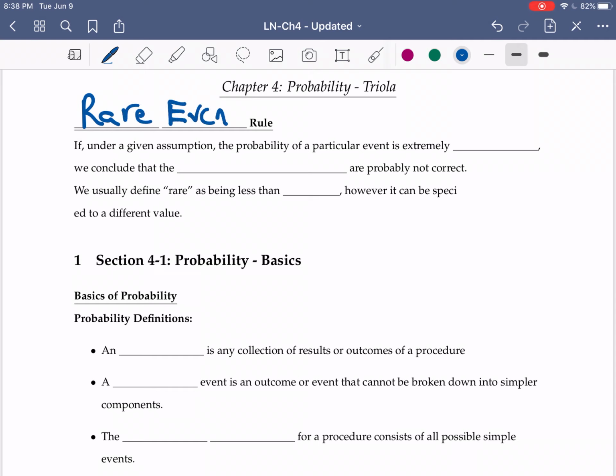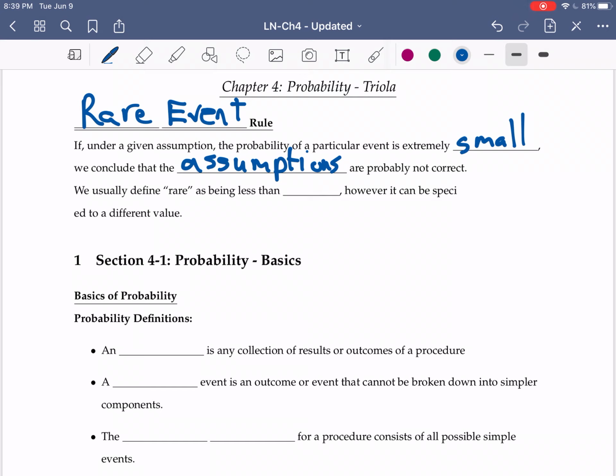What the rare event rule says is that if, under a given assumption, the probability of a particular event is extremely low, so that probability is extremely small, and suppose that event does actually occur, we conclude that the assumptions are probably not correct.